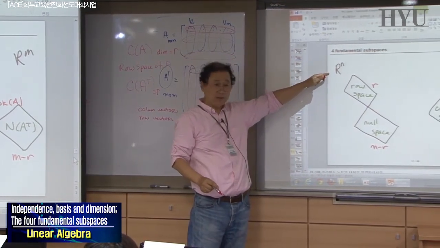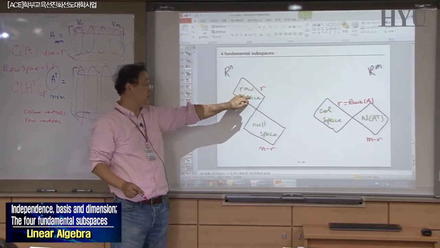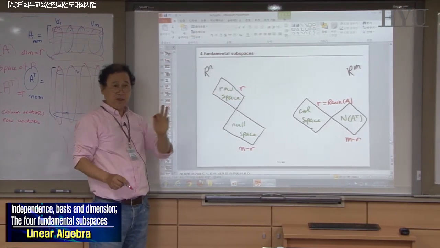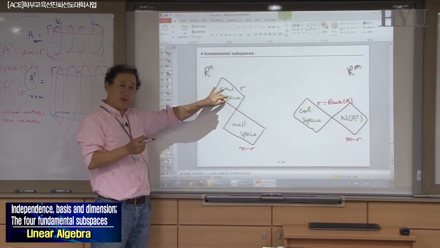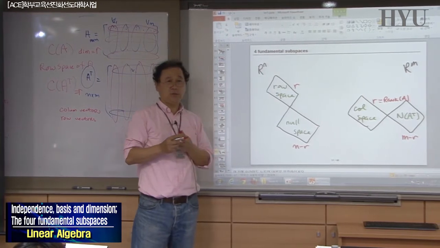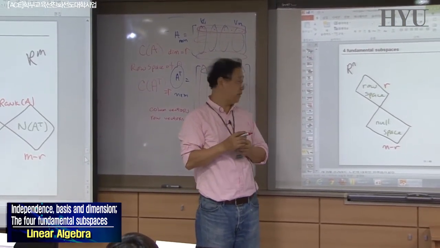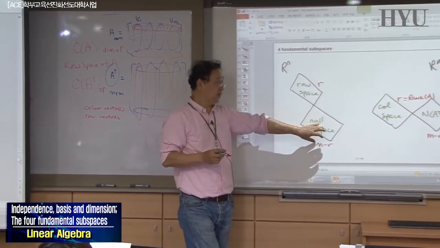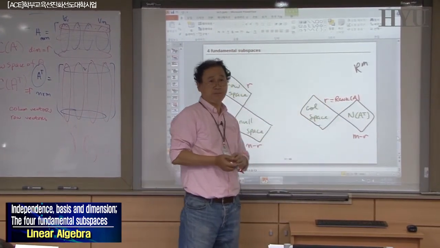The rank is R, which means the number of independent row vectors, or the basis of the row space, has dimension R. The remainder belongs to the null space. The column space is equivalent.